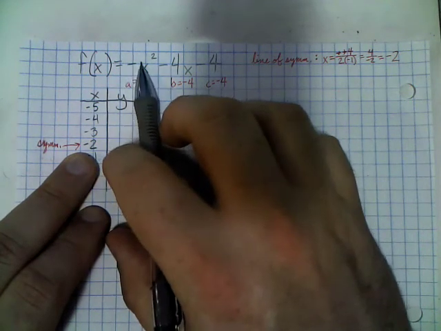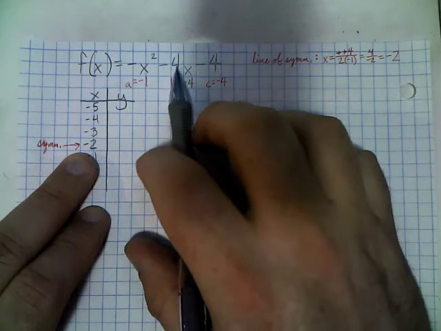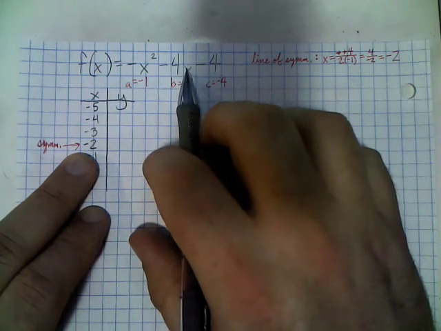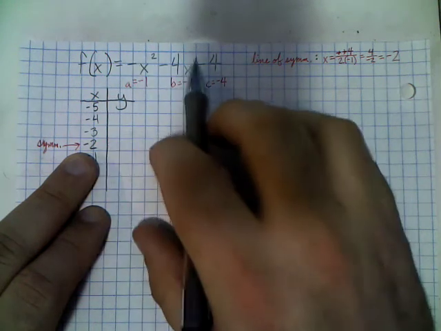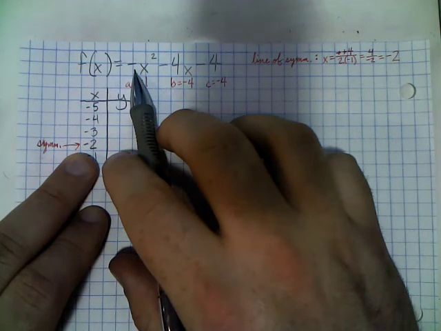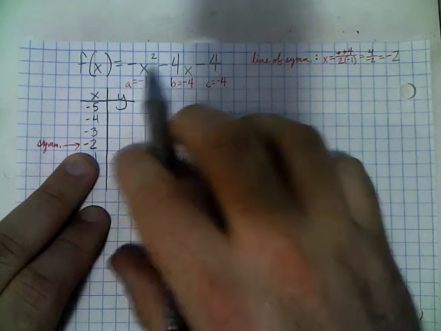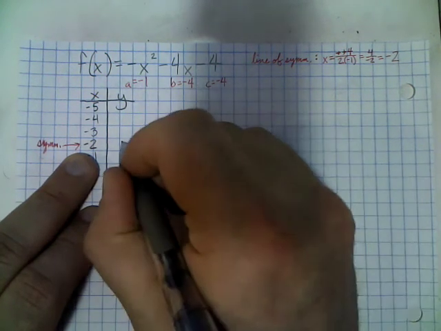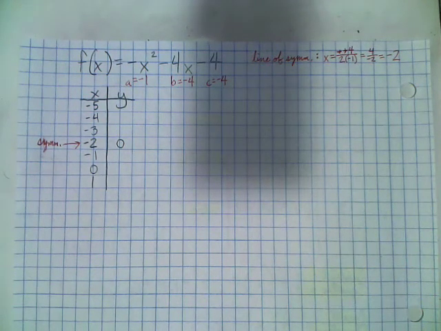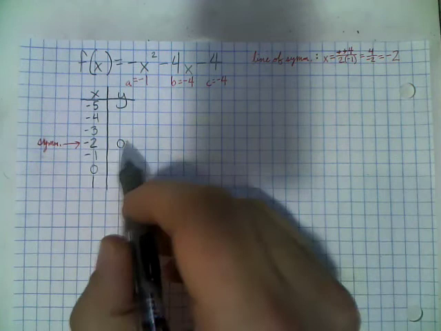So that's going to be a negative 4. Then a negative 4 times a negative 2 would be a positive 8. So we got a negative 4 and a positive 8 makes a positive 4. And so then a positive 4 minus 4 is 0. So that's my vertex right there, negative 2 comma 0.